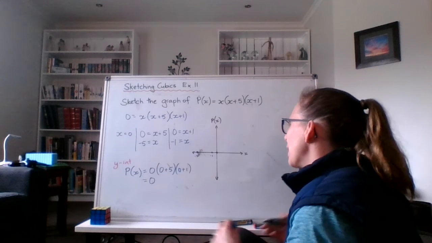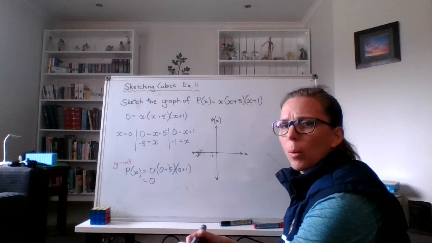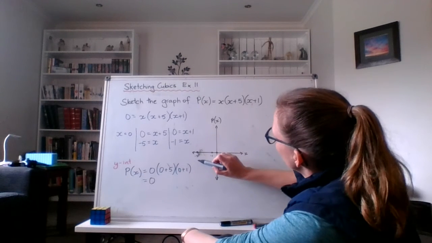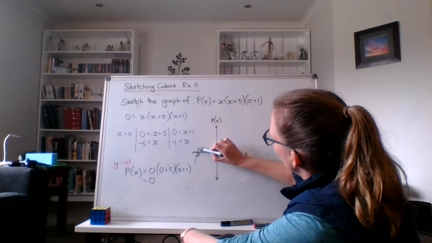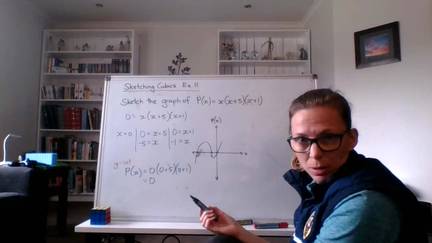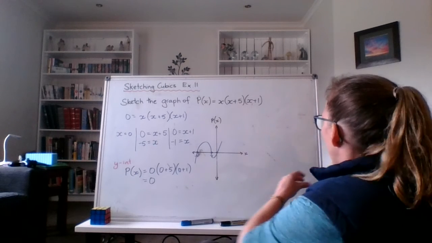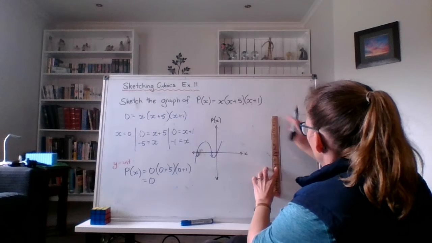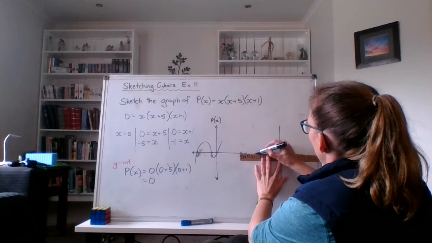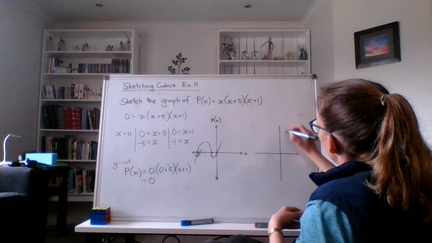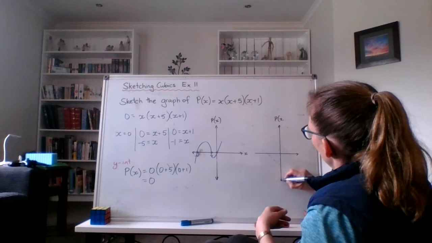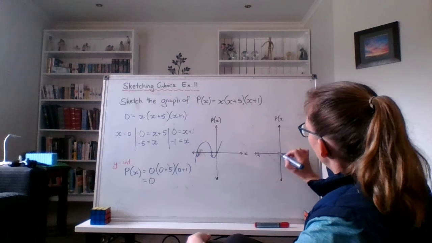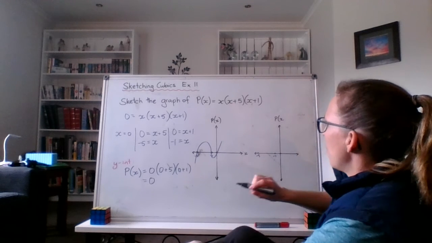So the thing I don't know is which way my graph goes. Okay, so cubics have 2 bumps. We've talked about this before. So either my graph goes like this, something along those lines, or my graph has those same intercepts, so negative 5, negative 1, and 0, but it goes the opposite direction.